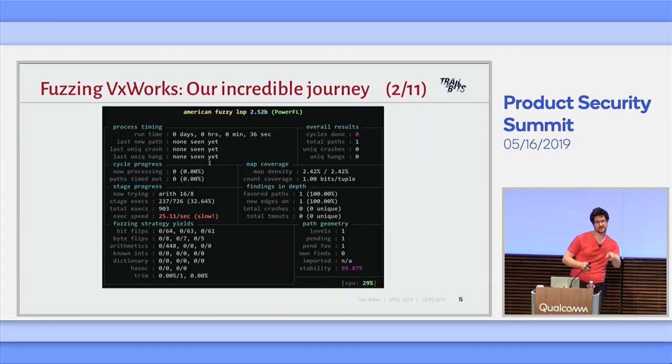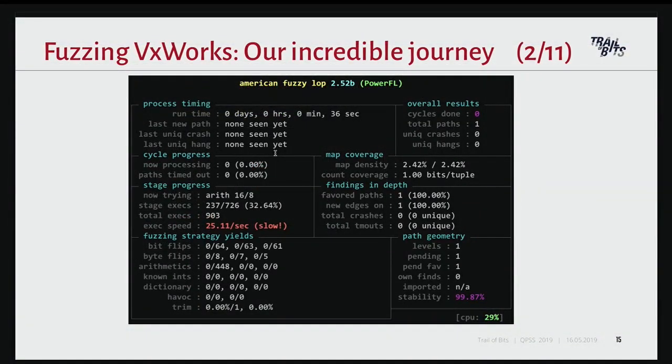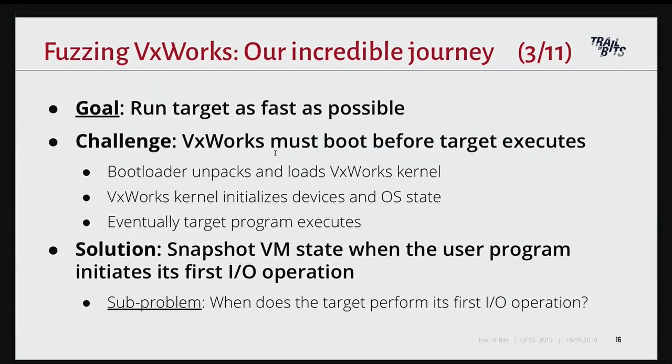And by the way, here's our ideal, what we wanted to see at the end, and we'll have a demo to show you. But what we really wanted was to avoid this redundant execution that happens every time you boot up a VM up to the point where the first input comes in. And the goal is really, we want to fuzz and we want to perform as many executions as possible.